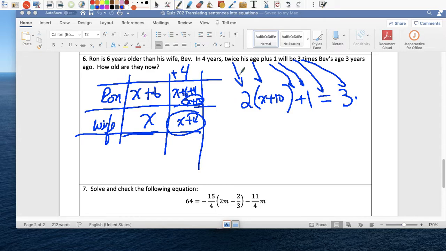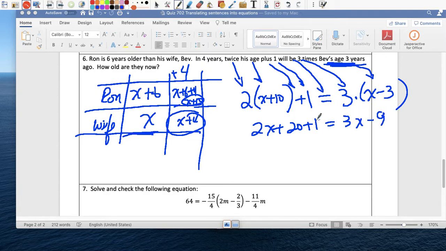And then 3 years ago, her age was x minus 3. That's the little thing you would have done if this was your quiz. So 2x plus 20 plus 1 equals 3x minus 9. And hopefully I'm doing this right. Combine like terms, so we get 2x plus 21 equals 3x minus 9.